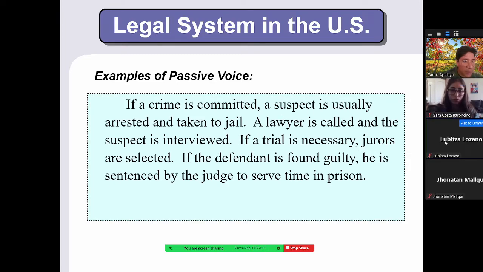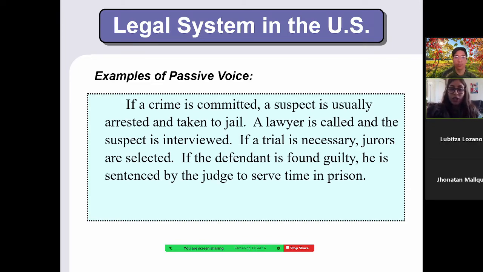So this is gonna be for Zara. Zara, please read this one. Okay. If a crime is committed, a suspect is usually arrested and taken to jail. A lawyer is called and the suspect is interviewed.